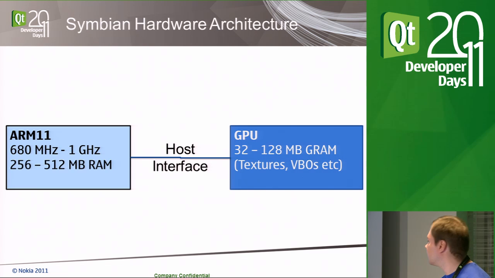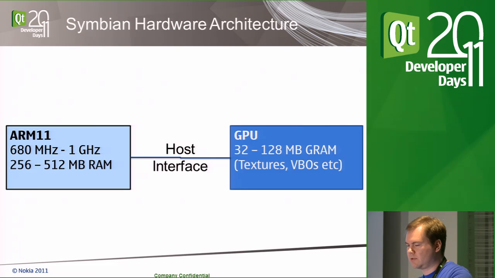And I would say that 100 megabytes is usable for your apps. Basically it means that the GPU stores the textures, VBOs, frame buffers, depth buffers, all that stuff inside the GPU's memory. And because we have this special architecture, there are 2 issues.